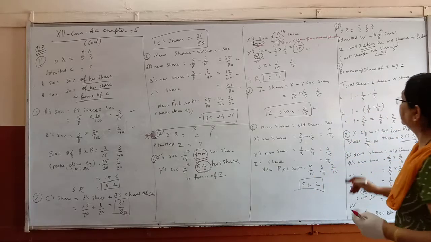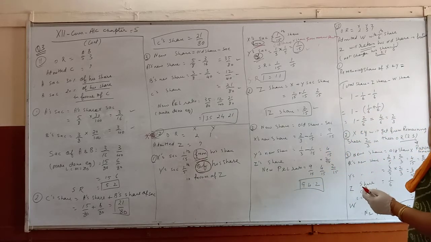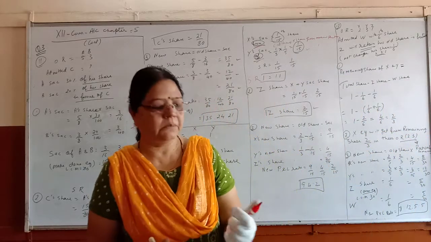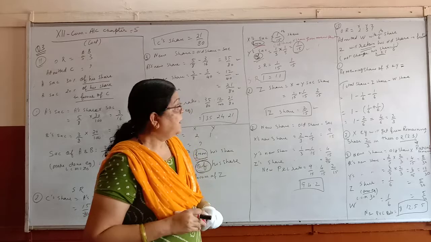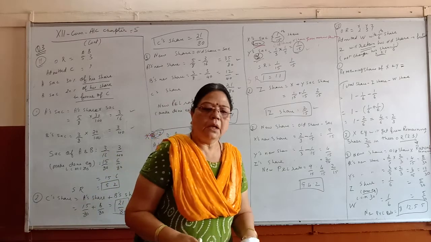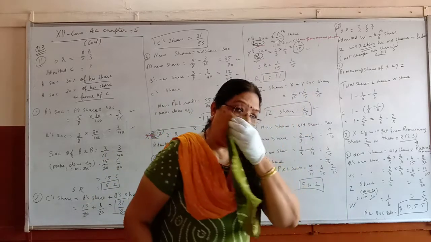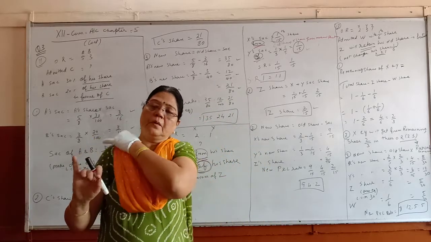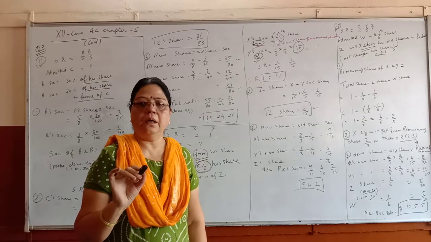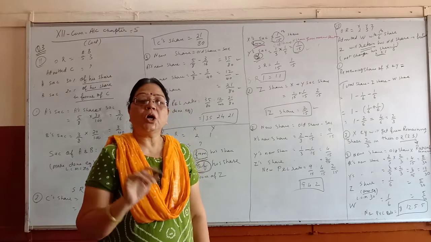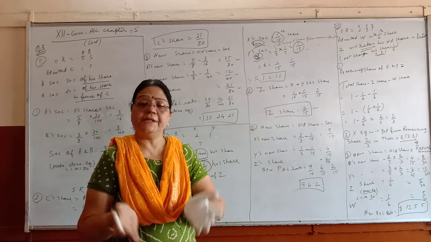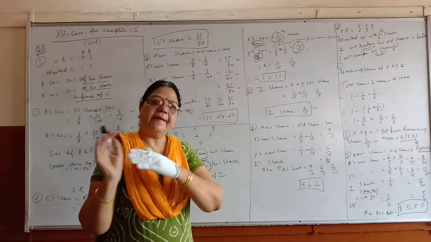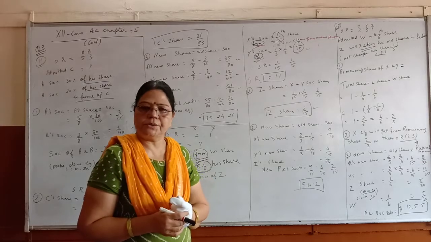Now question 13 children. Question 13 is different. These 4 sums were similar sums. In question 13, one of the partners will continue with the old share. One partner will not change his ratio, will maintain the same ratio after the admission of the new partner also.